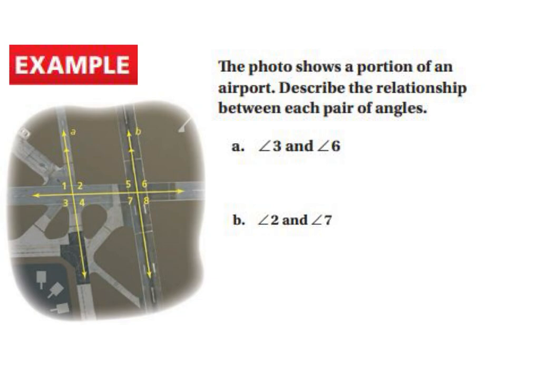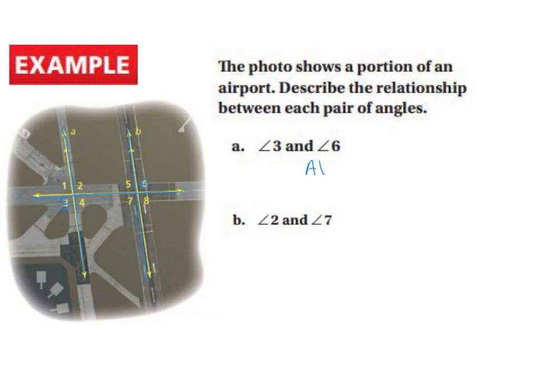The photo shows a portion of an airport. Describe the relationships between each angle. So we have 3 and 6. You have your 2 parallel lines, A and B, that are split by a transversal. 3 and 6 are on opposite sides, and they are exterior angles.